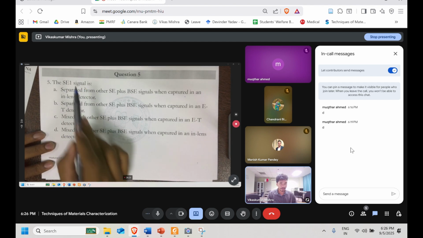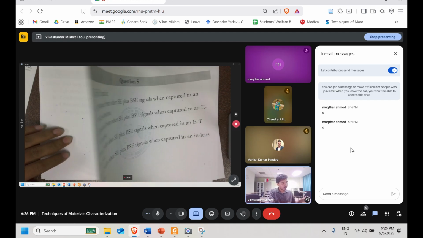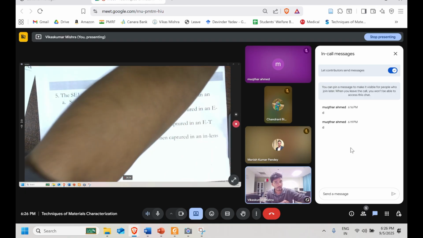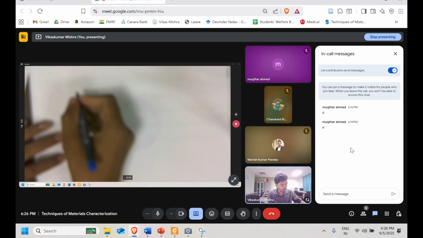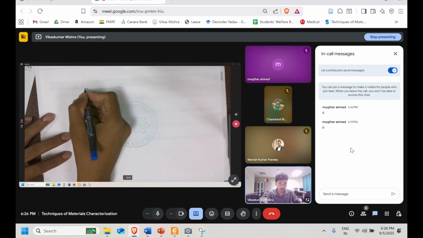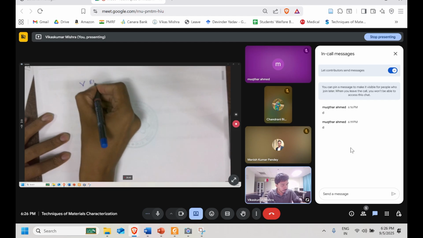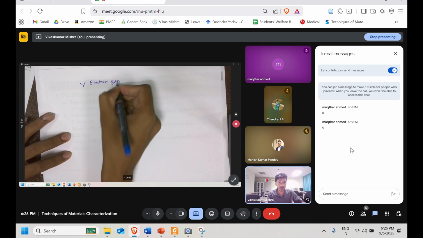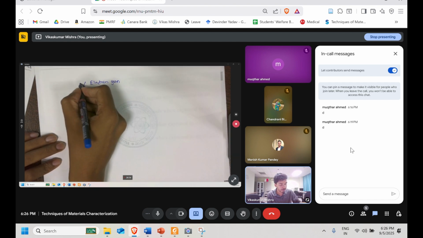Now the SE signal, sorry, the SE1 signal. Now we have to understand a couple of things here. Let's see the optics of the SEM. At the top we have the electron gun, which generates the electrons.